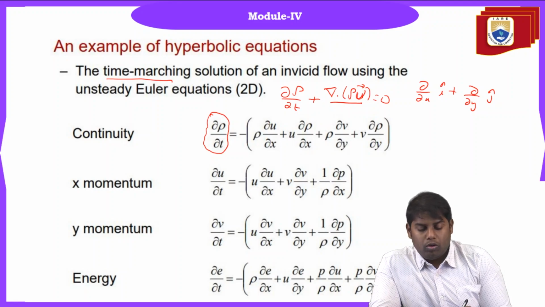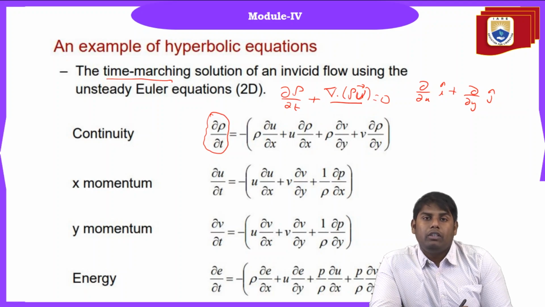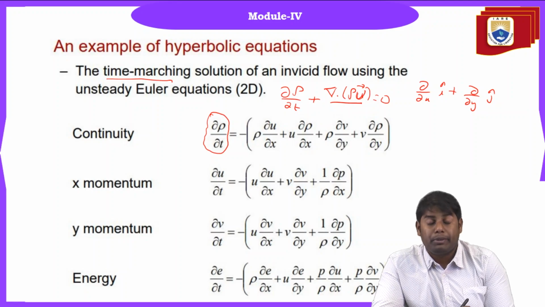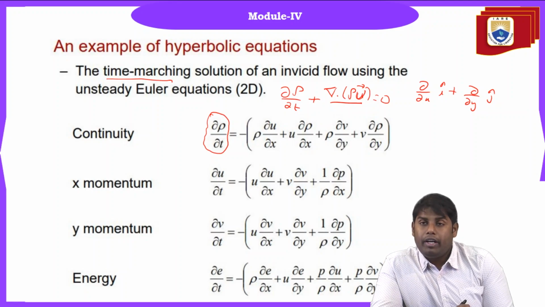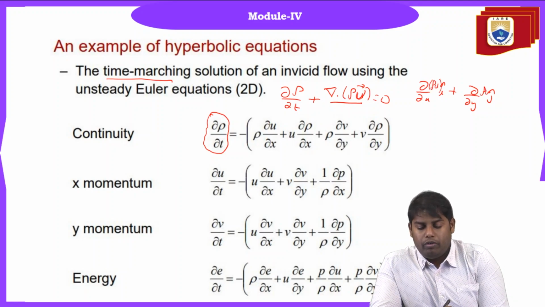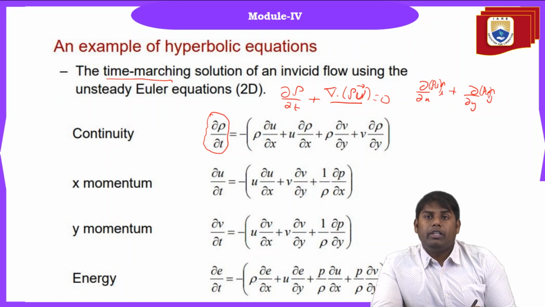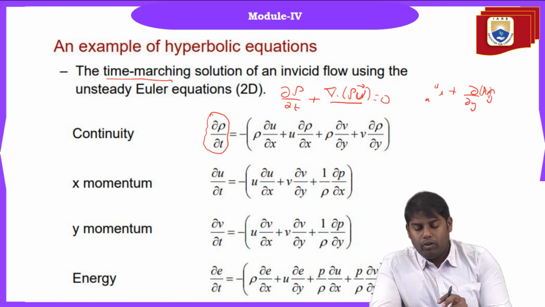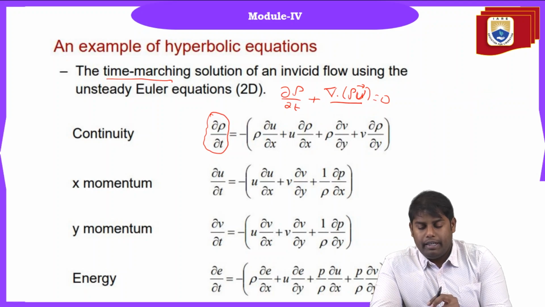Now this ρu, fine. Since we have this density term varying with respect to time and space, we have to differentiate. So here we get ρ into u and ρ into v. Therefore we need to apply the UV rule and get the details.